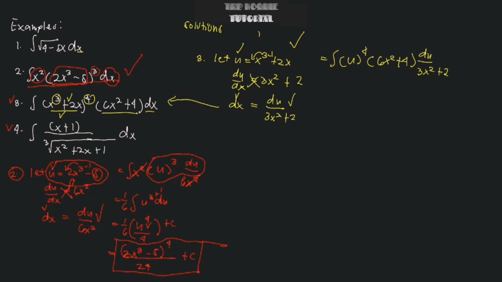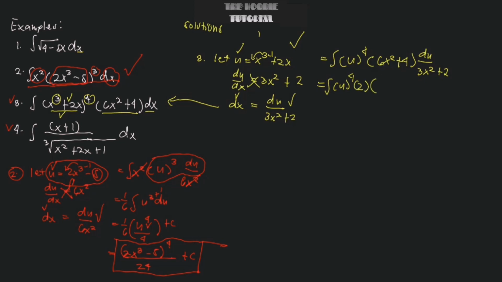So what function are we going to cancel right here? Notice that if we try to factor out 2 in this function, we can now cancel what we have here. We can now cancel this denominator. So let's see how it works. If we try to find the integration of u to the 4, let's factor out 2.